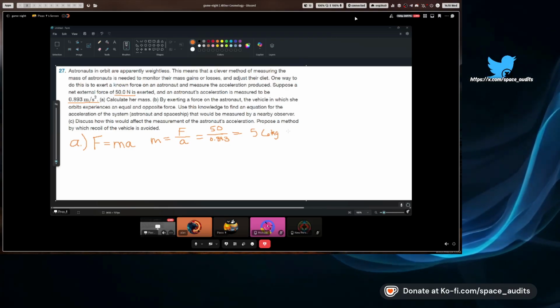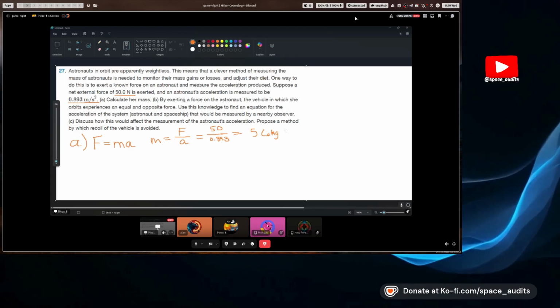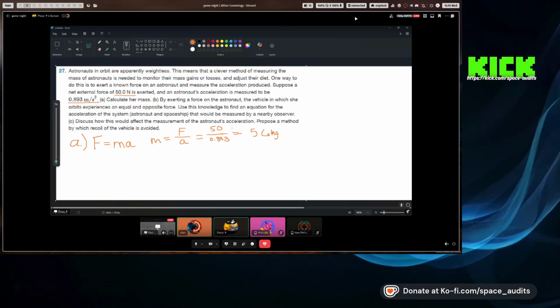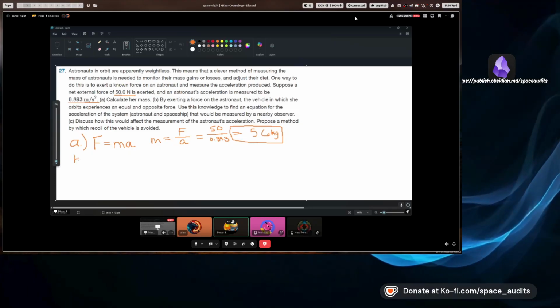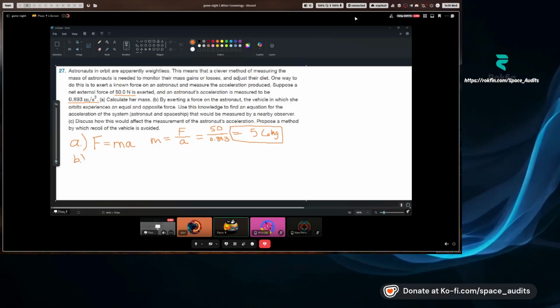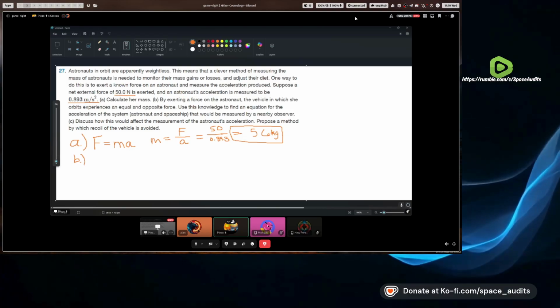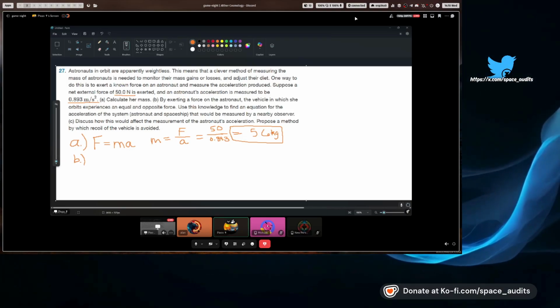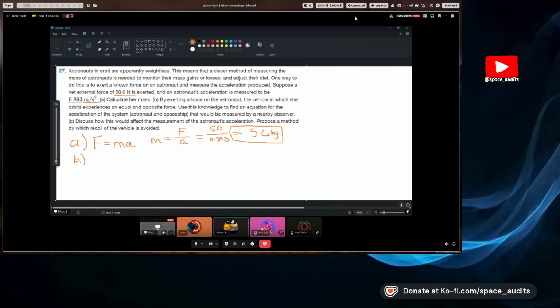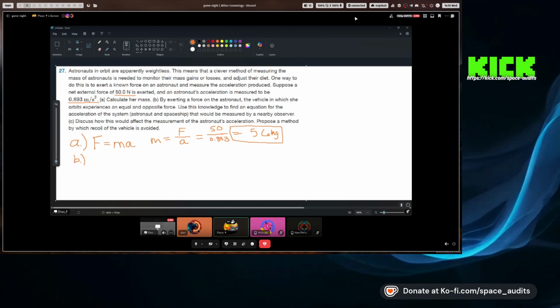Okay. Now, that's the mass. So we've solved part A already. Super easy. Part B: by exerting a force on the astronaut, F, the vehicle that she's orbiting in experiences an equal and opposite force because she's sitting in the vehicle, right?